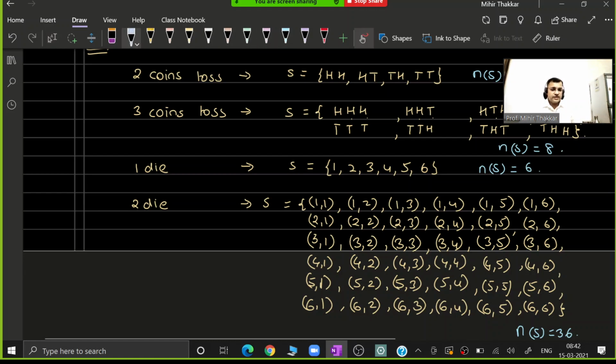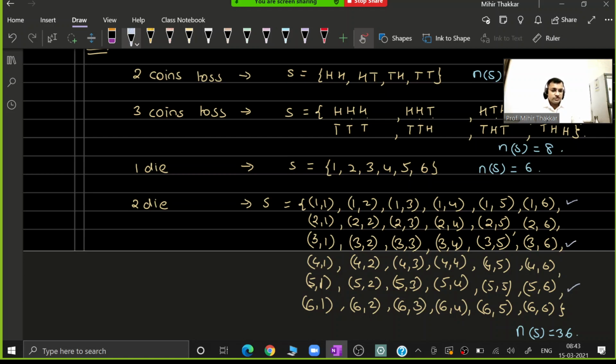I require 1 in the first place, or I require 3 in the first place, or I require 5 in the first place. So it will be elements from these rows. Whereas if I require the multiple of 3 in the second place, I have to observe the second column over here, or the second element from each set.